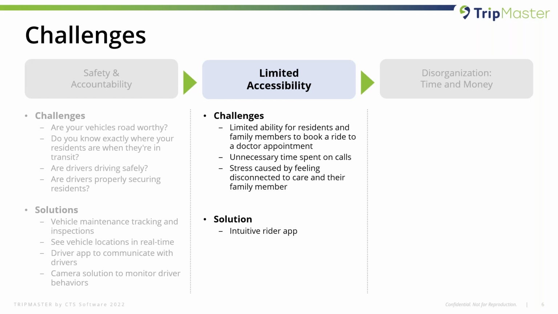The residents, or the family members on the residents' behalf, are able to use the rider app. Again, you can use it on Android and iOS to actually book rides for family members. So it really helps them feel like they're in control of their social needs and that the family members can also participate. And the member themselves could use it as well.